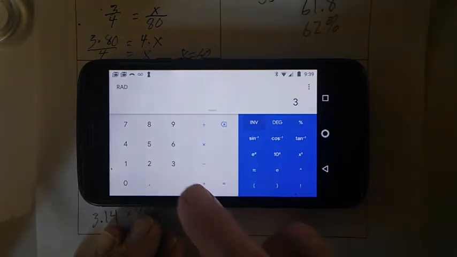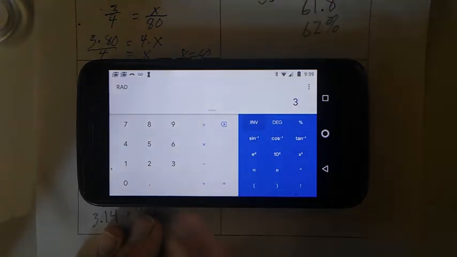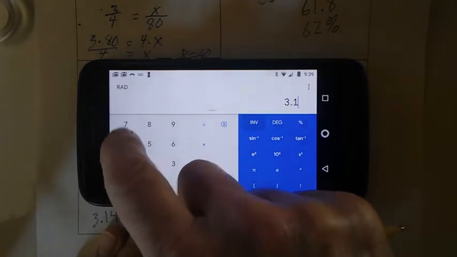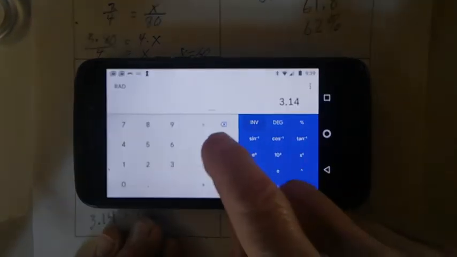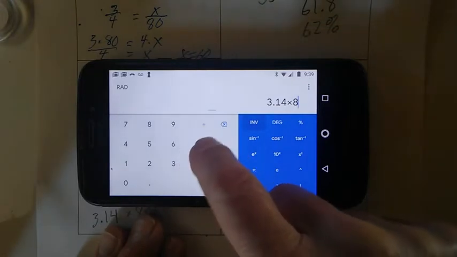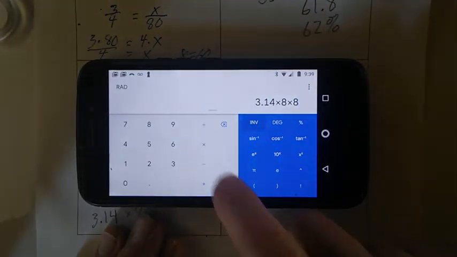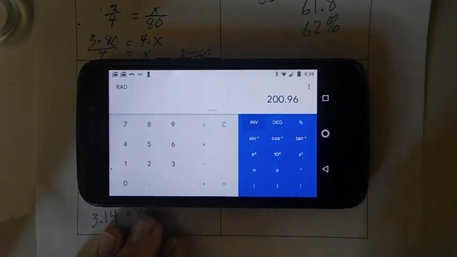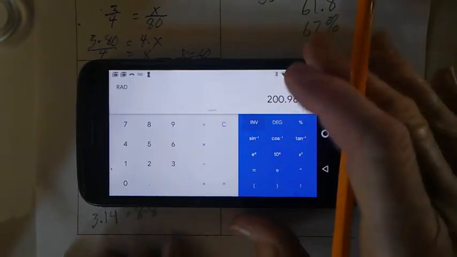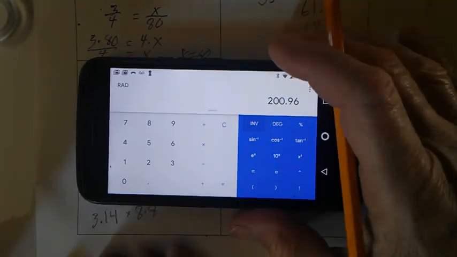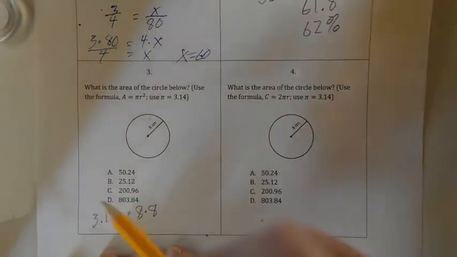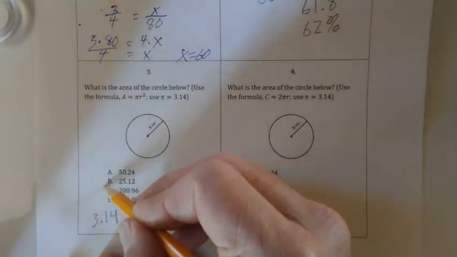Where's the point? I'm using a bad phone here. Okay, 3.14 times 8 times 8 equals 200.96, or basically 201. Are any of my answers near that? Let's see. Here it is, 200.96, C.